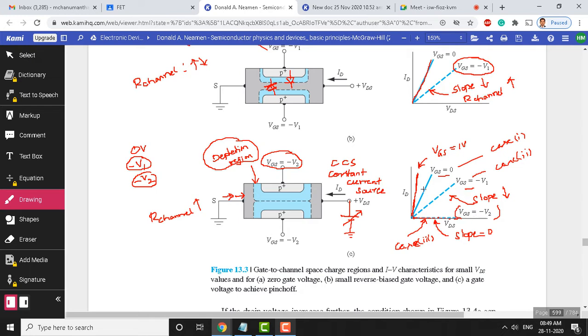As you can see here, when you decrease the gate source voltage, the slope keeps decreasing, and drain current also keeps decreasing. Increase in VDS doesn't make any difference here. You can see that it becomes almost constant. A very small amount of current flows here. That's why the curve is exactly lying on the x-axis.